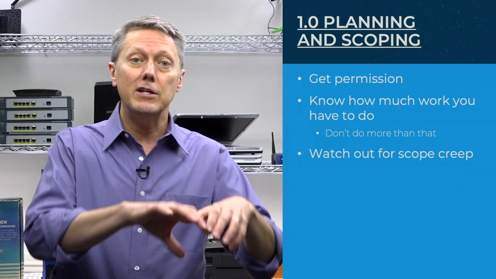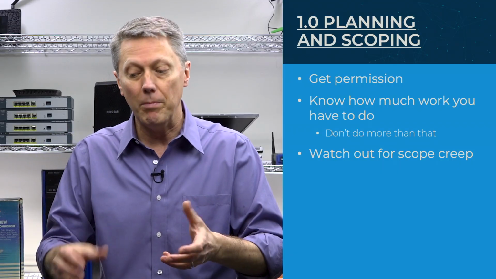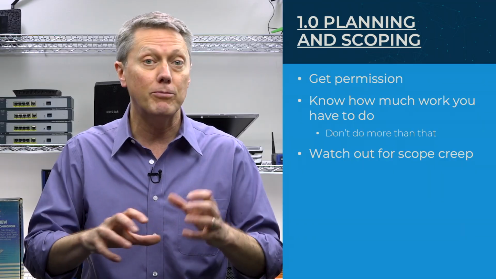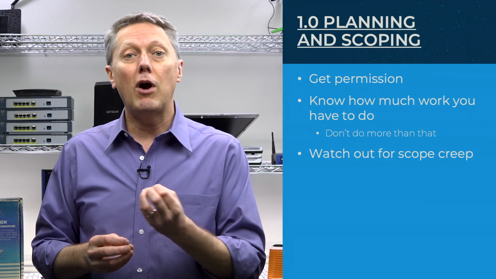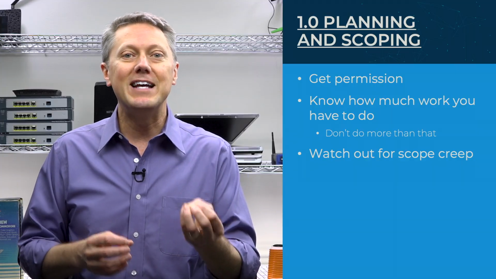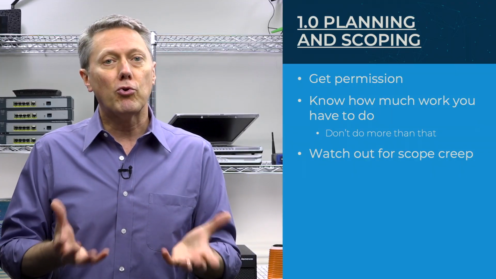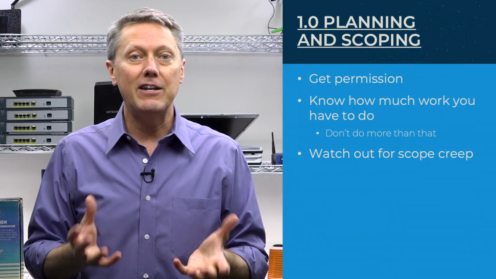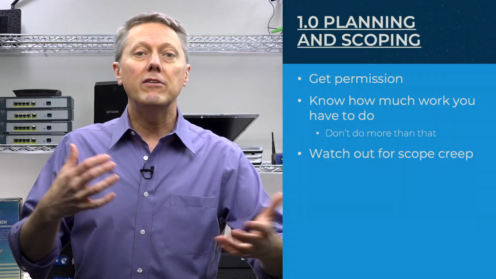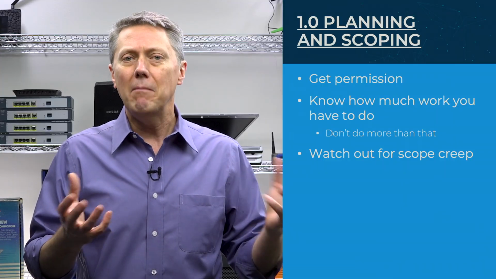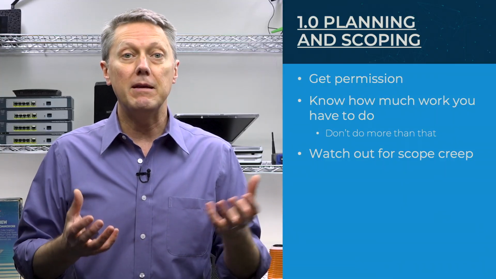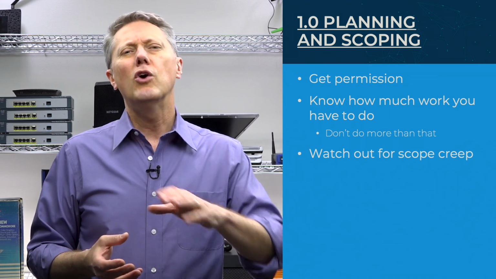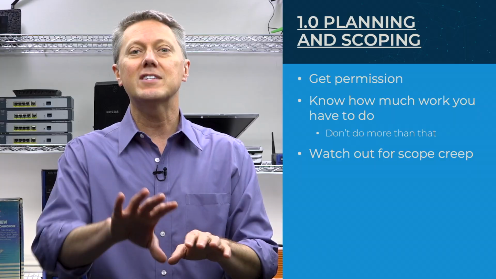So it's very important that you plan well and scope, and you have to watch out for that scope changing. This is something we often in project management refer to as scope creep. Scope creep means that you have a series of tasks already defined, and one of the owners or somebody else associated with the project team will come in and say, oh, well, you're already scanning this system. Why don't you scan the one next to it?